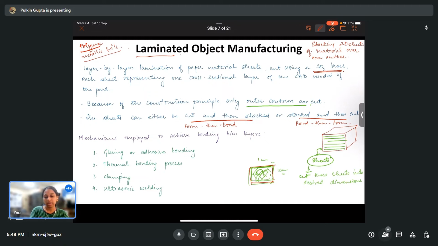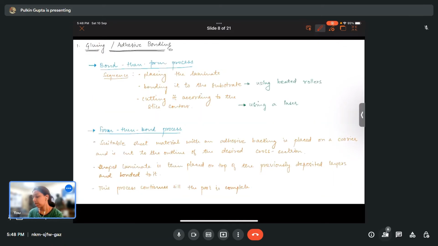Third is clamping, which is more of a mechanical aspect, wherein you use nuts and bolts to clamp multiple sheets together. And last is ultrasonic welding, or ultrasonic consolidation. So let us see each one of these in detail.